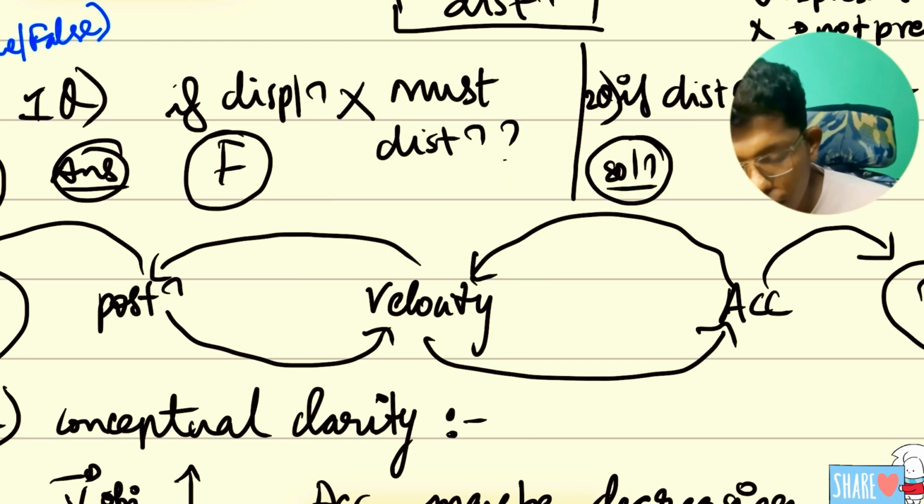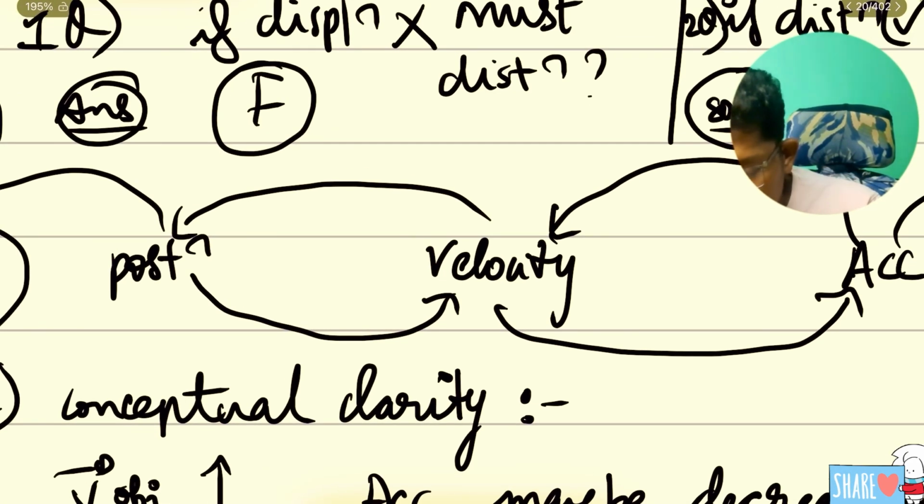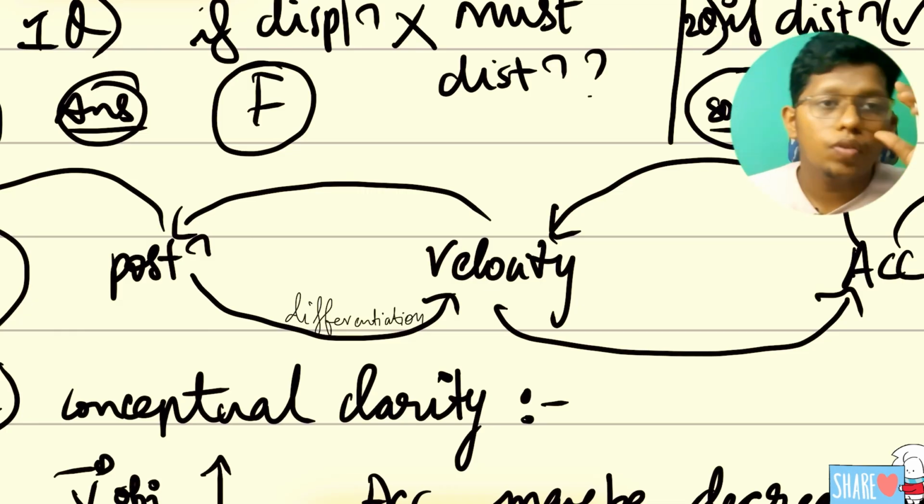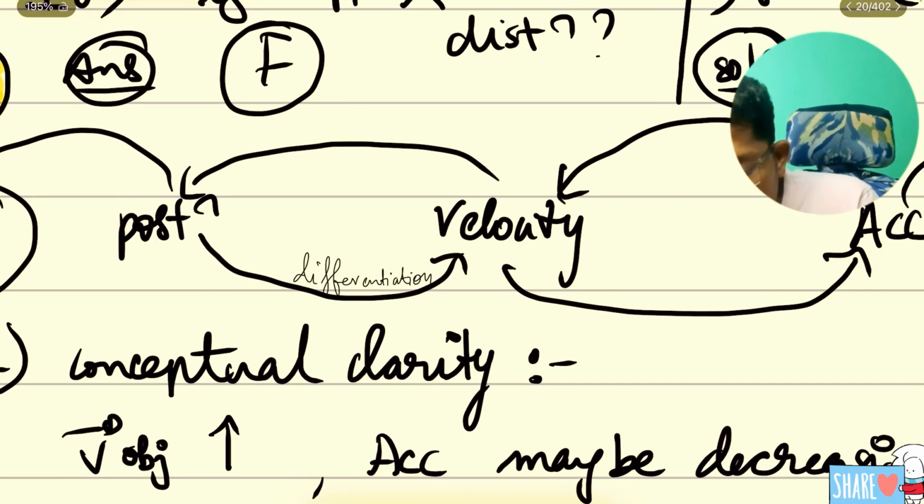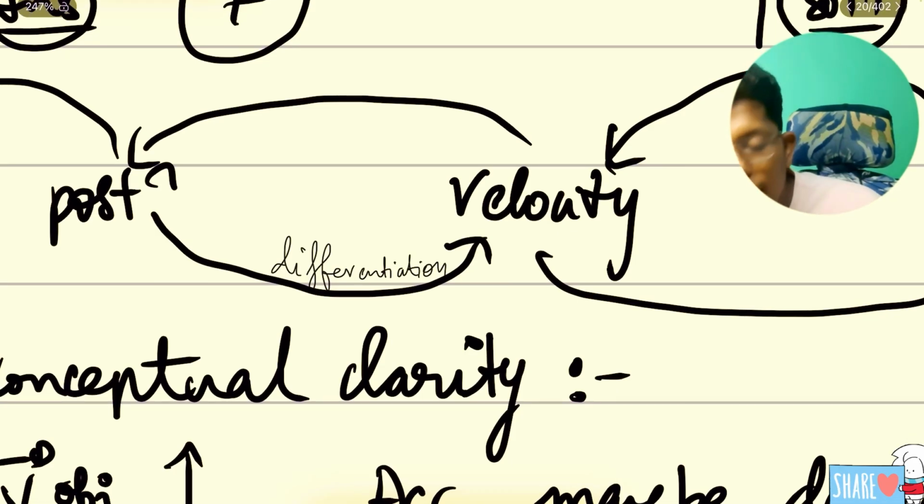Further, if you want to go from position to velocity, what you should do is differentiation. It's very important. Differentiation is very important. Here, if you differentiate with time, you will get the answer.